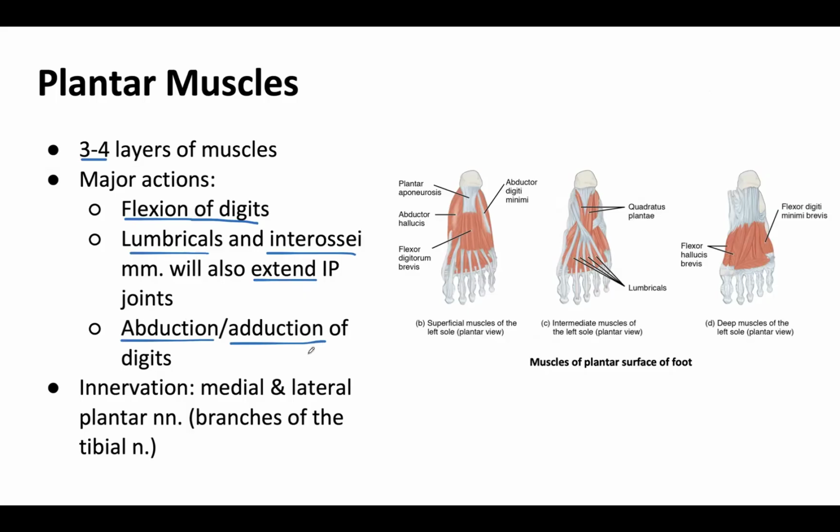of the digits. These muscles are innervated by the medial and lateral plantar nerves, which are the terminal branches of the tibial nerve. Think of that tibial nerve traveling down through the posterior compartment of the leg, then it reaches the back of the ankle and splits into these nerves.